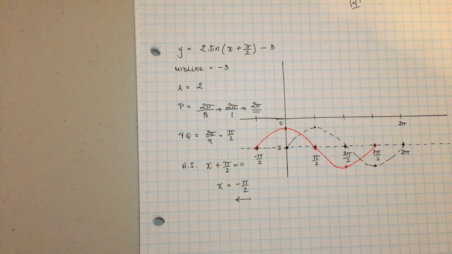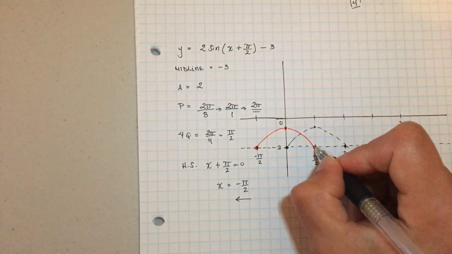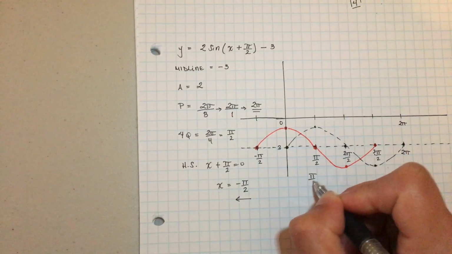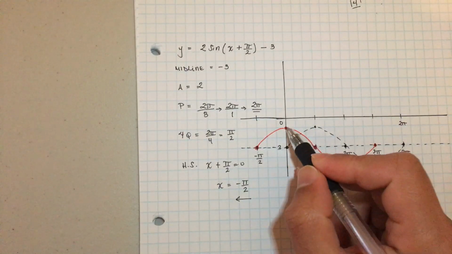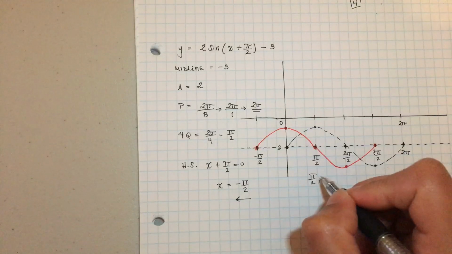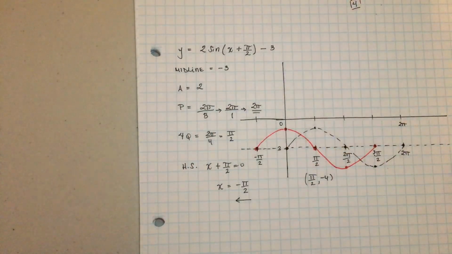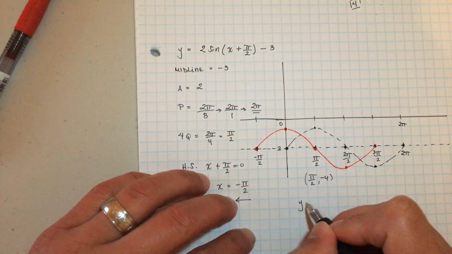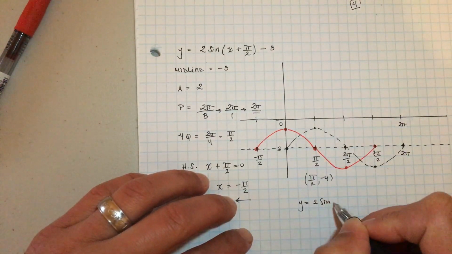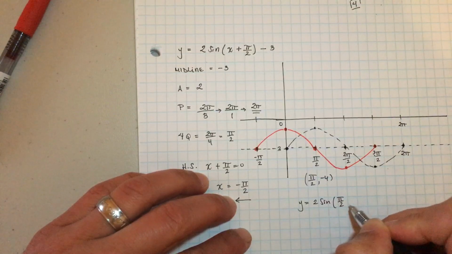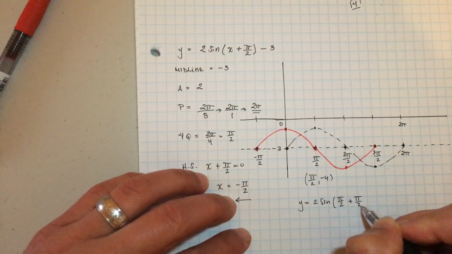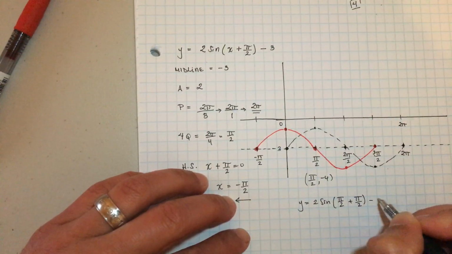Let's say I pick this point right here. This is pi over 2 comma, what is that? 1, 2, 3, negative 4. So if I plug pi over 2 into this function, I should get negative 4. Let's do that quickly: 2 times sine of pi over 2 plus pi over 2, take away 3.